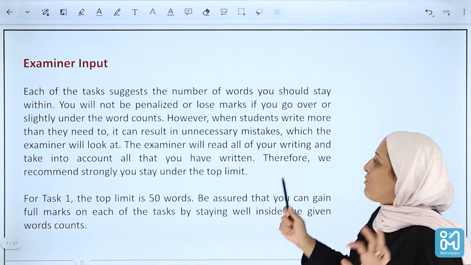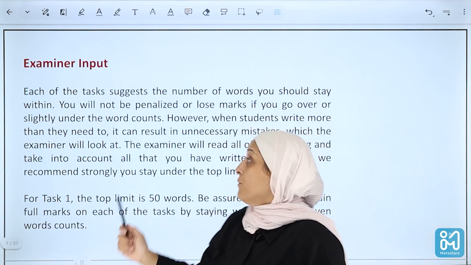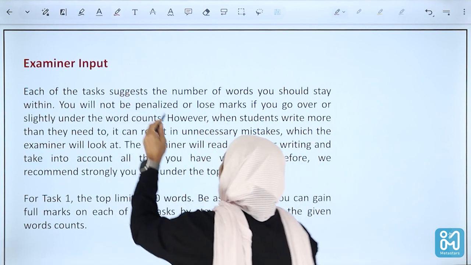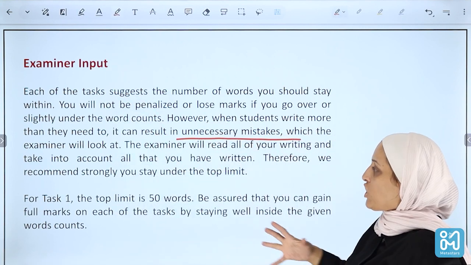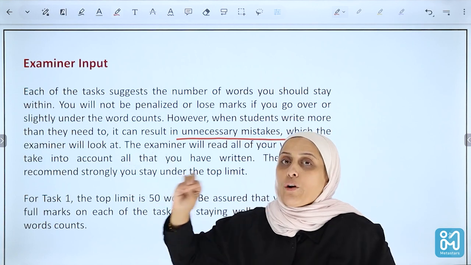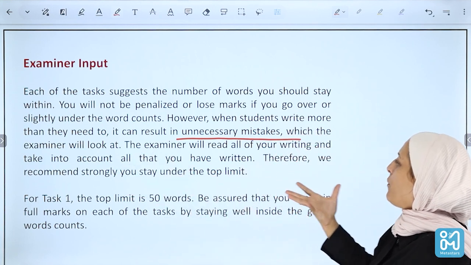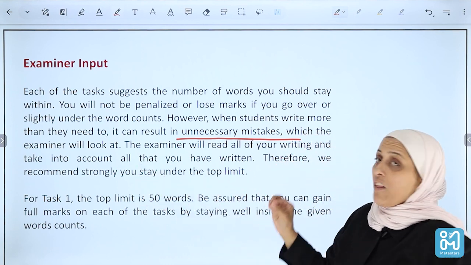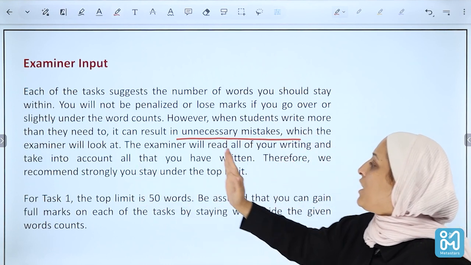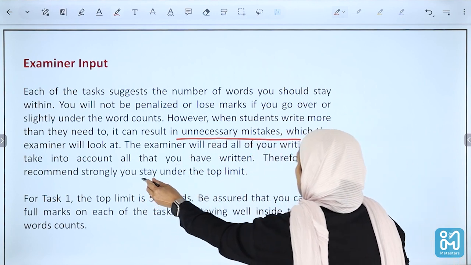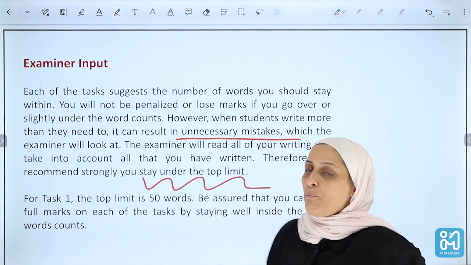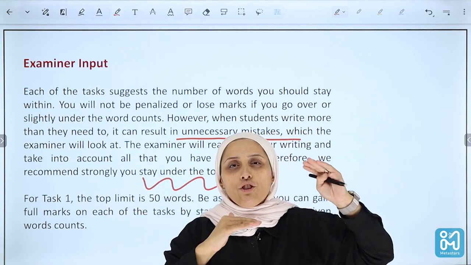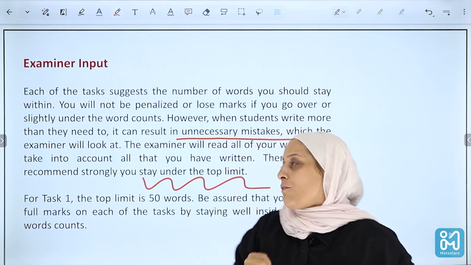However, when students write more than they need to, we know that it can result in unnecessary mistakes, which the examiner will look at. The examiner will read all of your writing and take into account all that you have written. Therefore, we strongly recommend you stay under the top limit, like 30 to 50, so be under 50 or exactly 50.